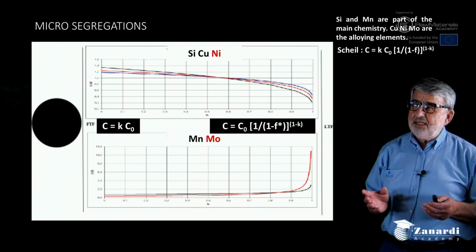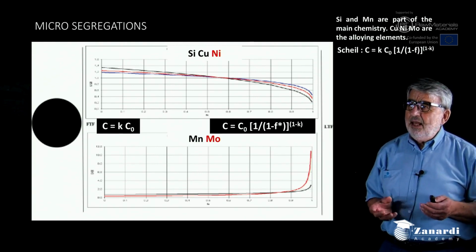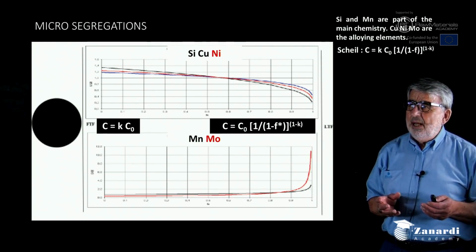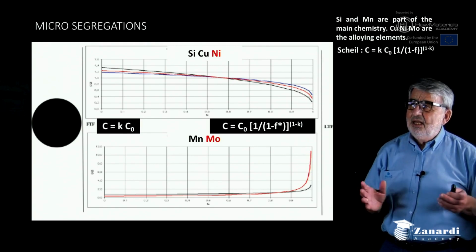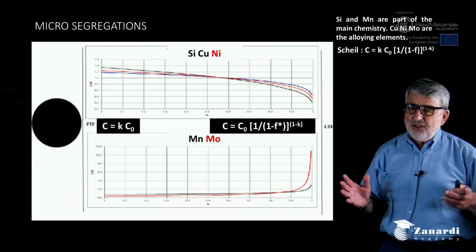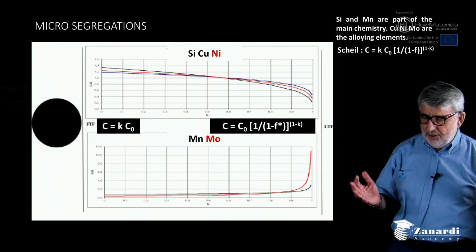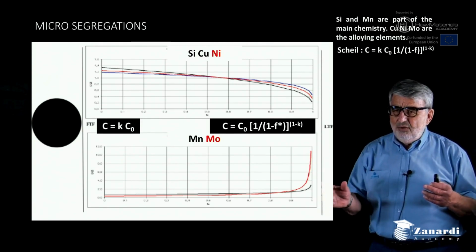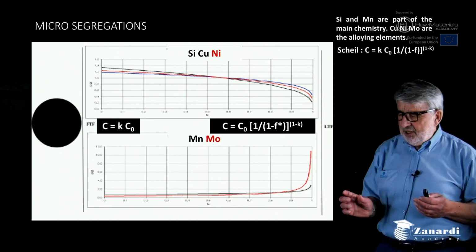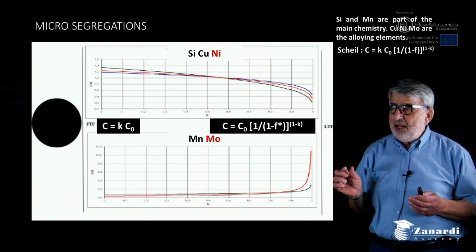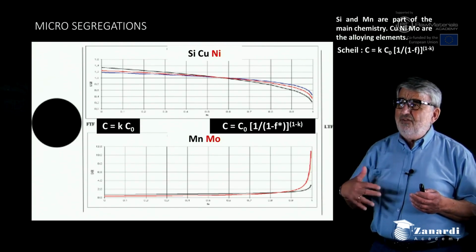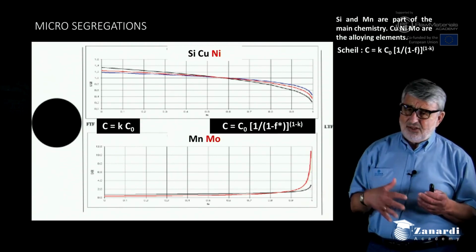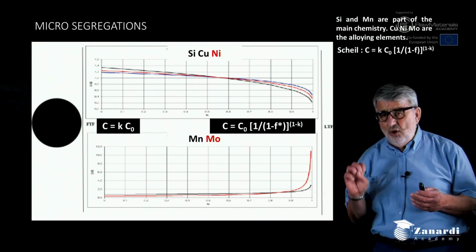So this segregation pattern is much more enhanced as the distance between two spheroids is large. So when we have a very high nodule count, nodules per square millimeter, so nodules that are a short distance, the difference between the first to freeze and the last to freeze concentration is low.